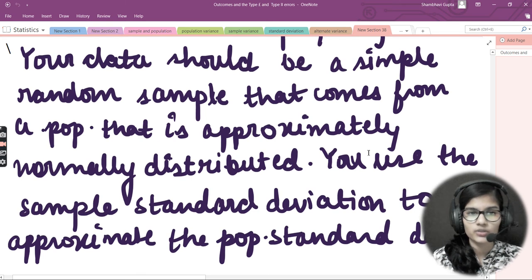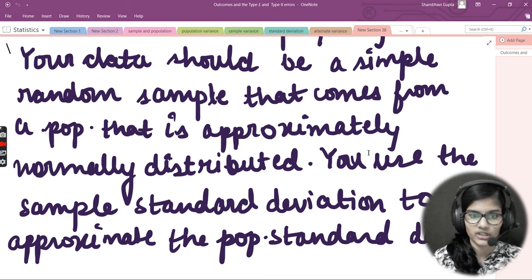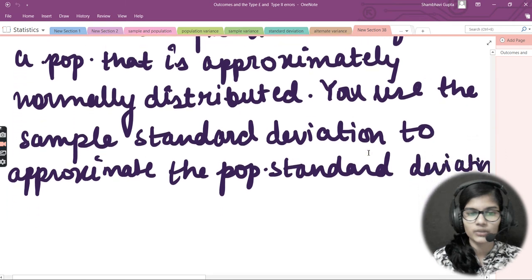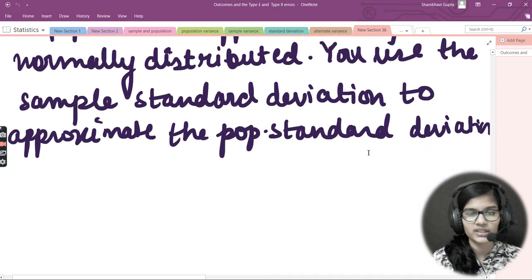The assumptions were that your data should be a simple random sample that comes from a population that is approximately normally distributed. You use the sample standard deviation to approximate the population standard deviation, right?